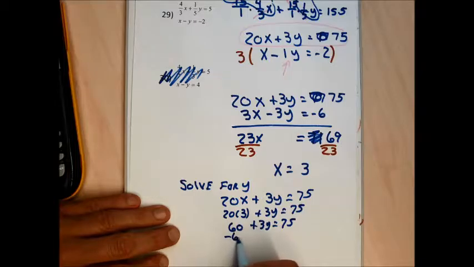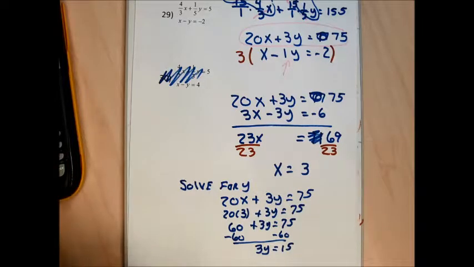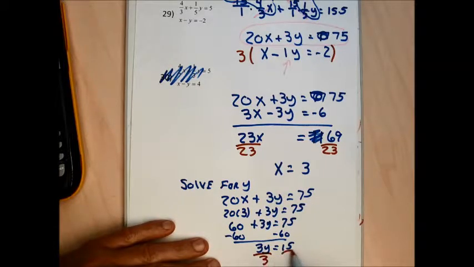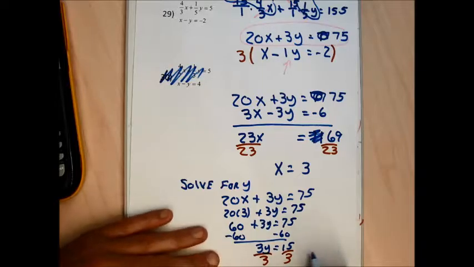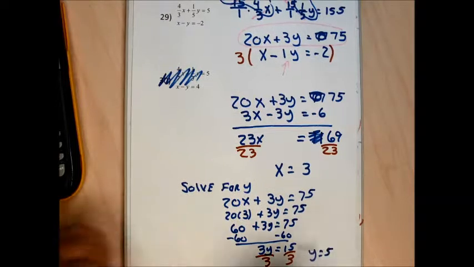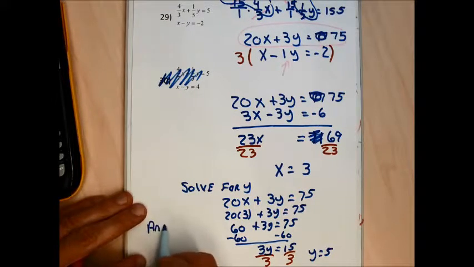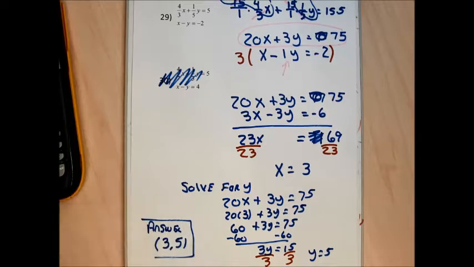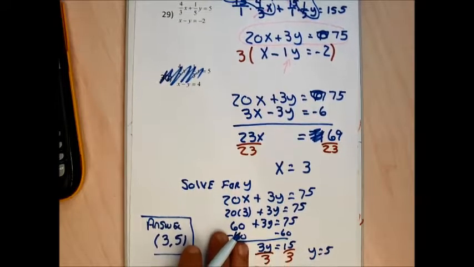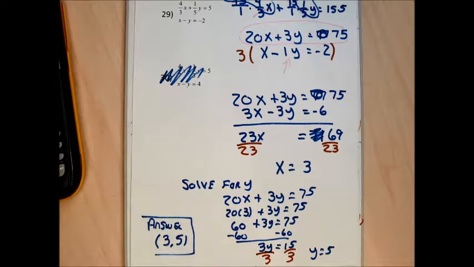Then minus 60 minus 60 will give me 3y equals 15, and then divide by 3, and you get y equal to 5. So my answer, which I'm not going to check because it's such a nice answer, is x equal to 3, y equal to 5.